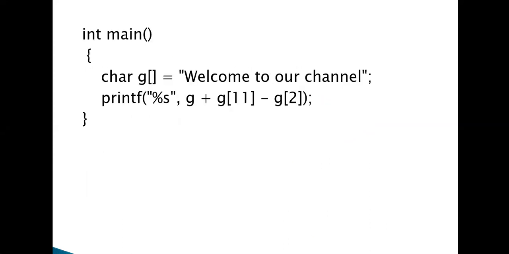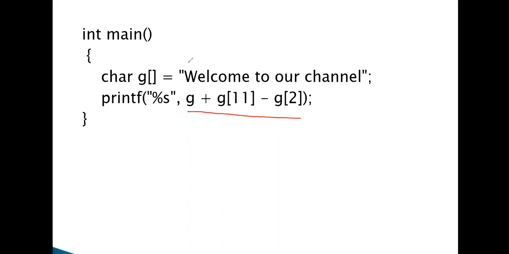What is the output of the following program? char g[] = "welcome to our channel"; printf("%s", g + g[1], g[11] - g[2]); evaluate this entire expression, then it is very easy.